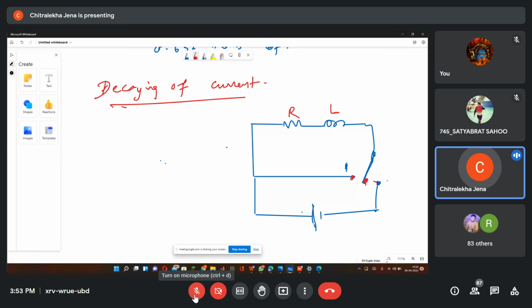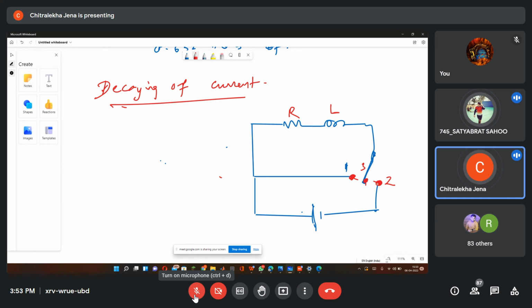So here, suppose you consider an instant. The switch was initially at position number 1. Now it will be switched to position number 2. This is the switch. This one is position number 1. This one is position number 2.